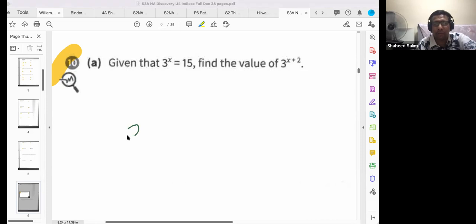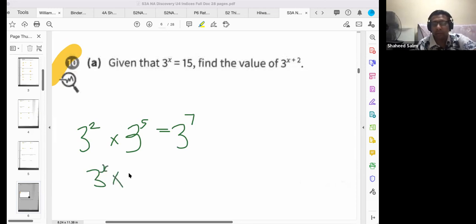Let's say if I give you 3 to the power of 5 times 3 to the power of 2. Your final answer is 3 to the power of 7, correct? So you plus the power, right? So if I give you 3 to the power x times 3 to the power of 5, your answer will be 3 to the power of x plus 5.